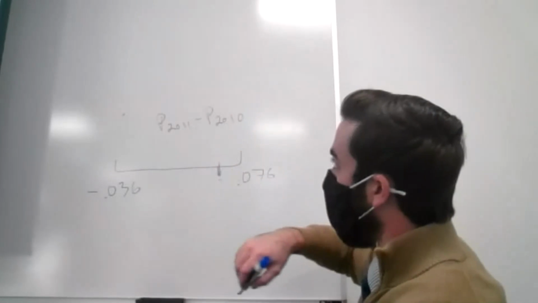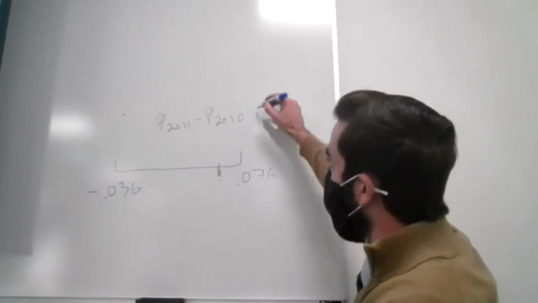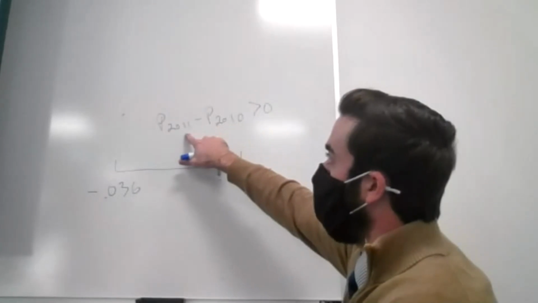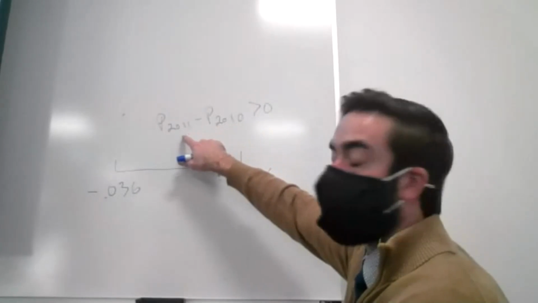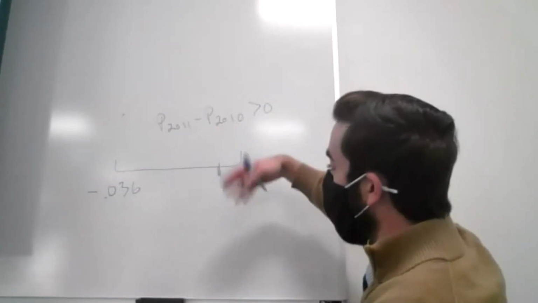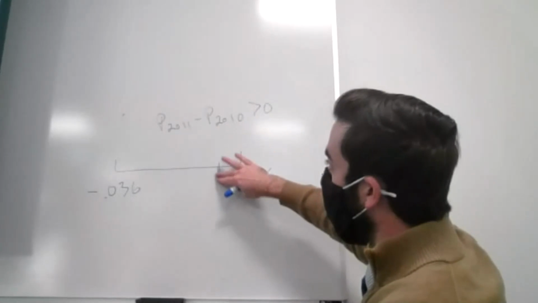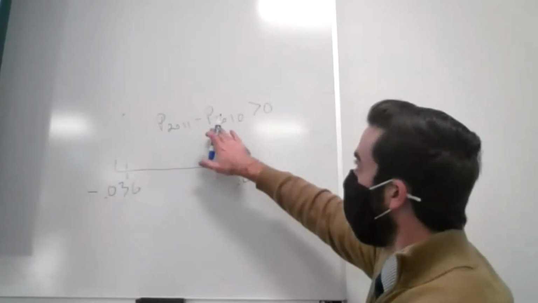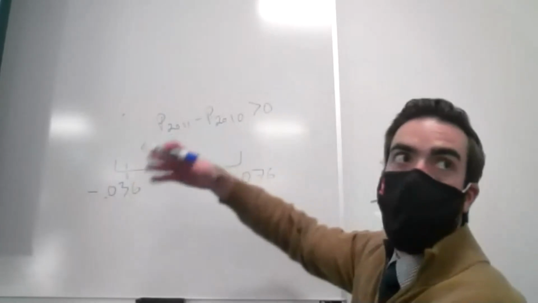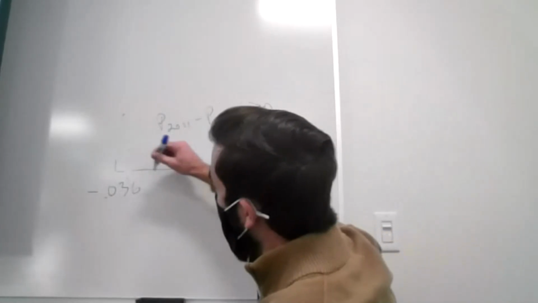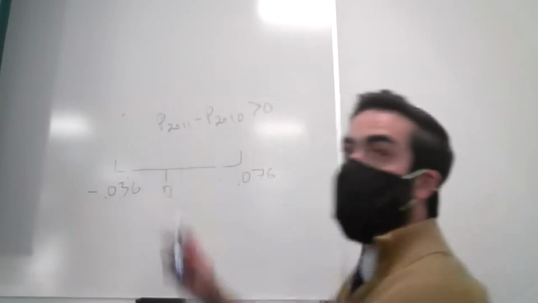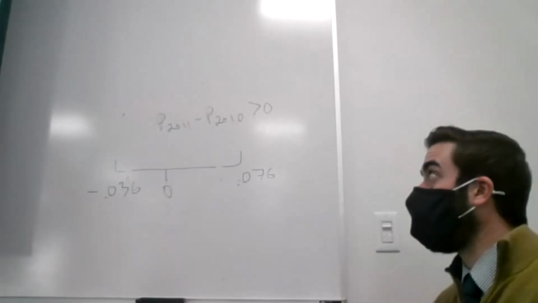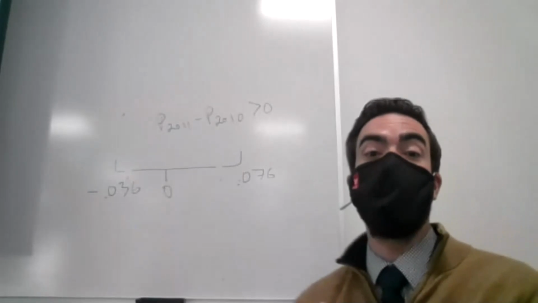It could be a positive value, which would mean the only way that's possible is if the 2011 proportion was higher. So it could be that in 2011 more people favored it, but the true difference could also be negative, which means that 2010 would have to be higher. And it could also be 0, which the only way the difference could be 0 is if those proportions are actually equal to each other.